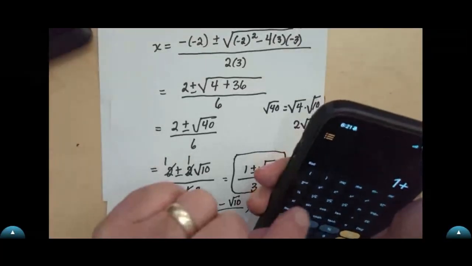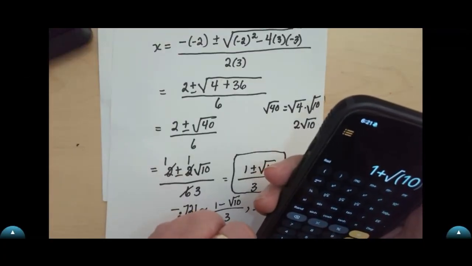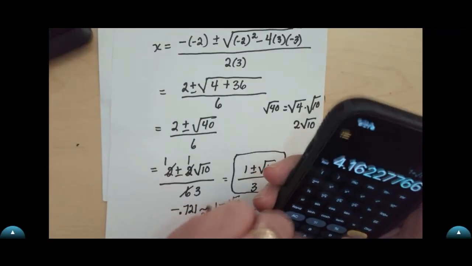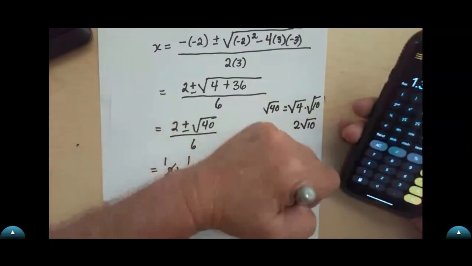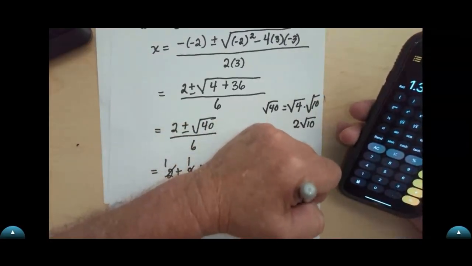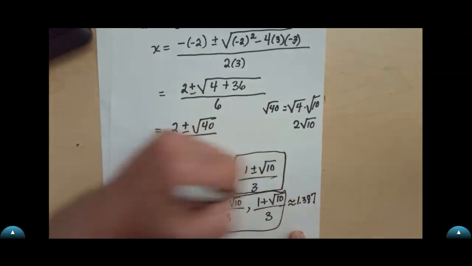And 1 plus the square root of 10 all divided by 3 looks like it's going to be about 1.387, again rounded to 3 decimal places. But like I say, you just need to leave it like this.